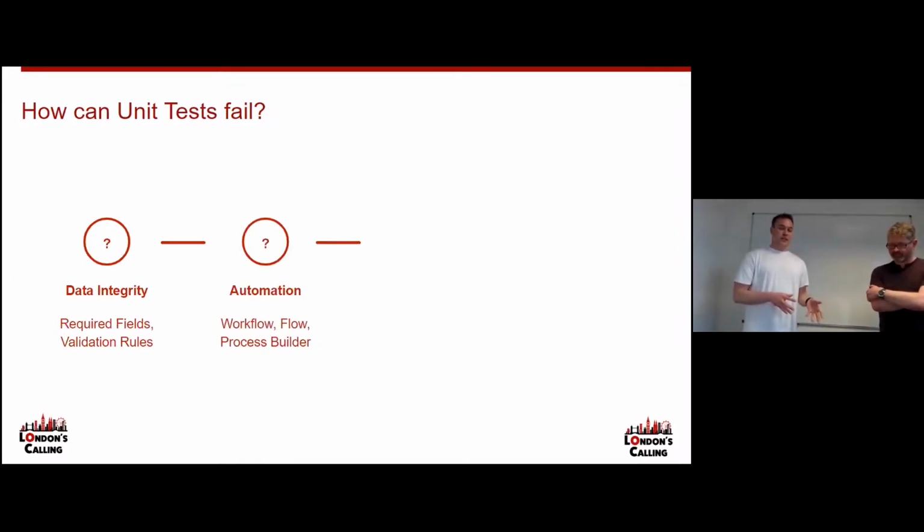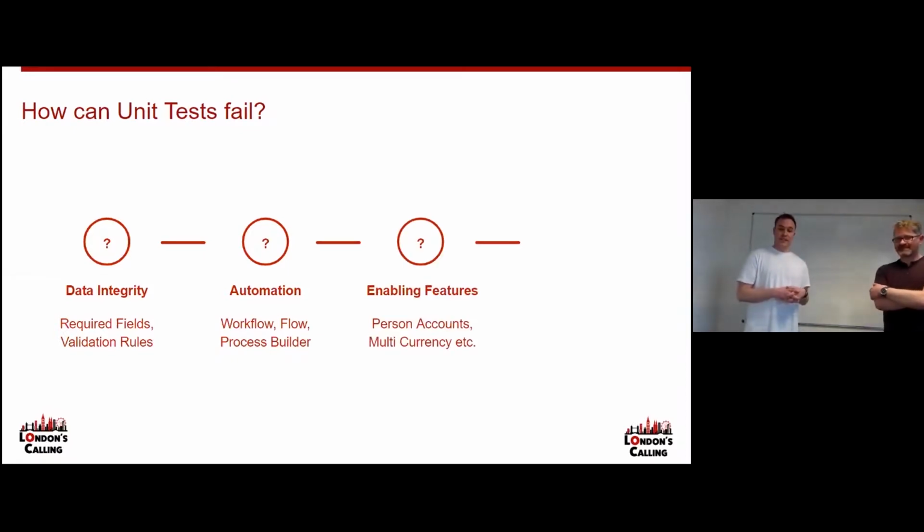So automation that we do can also make tests fail, whether that be just because in certain circumstances the flow or process builder fails anyway, or when many records are being inserted or updated, sometimes flows can break limits themselves and fall over when they're working at large scales, and that can be an issue in tests.